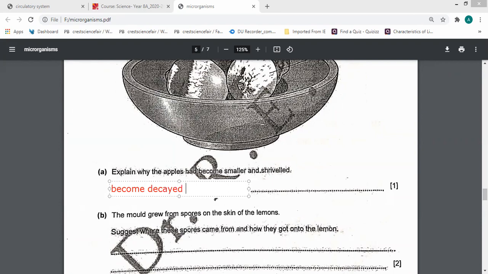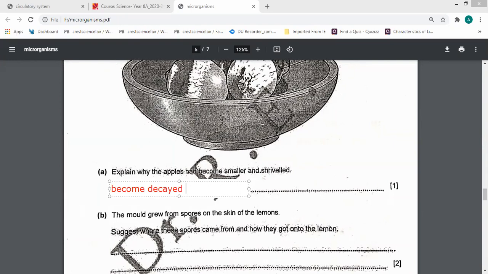Okay, next question. The mold grew from spores on the skin of the lemons. Suggest where the spores came from and how they got onto the lemon. How did the spores come to the lemon, guys? They were carried by the air. Again, in the air, and with the presence of suitable conditions, they could live on the lemons and started decaying.